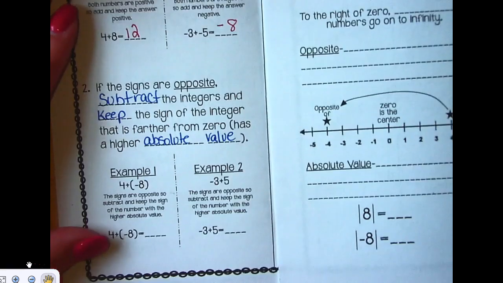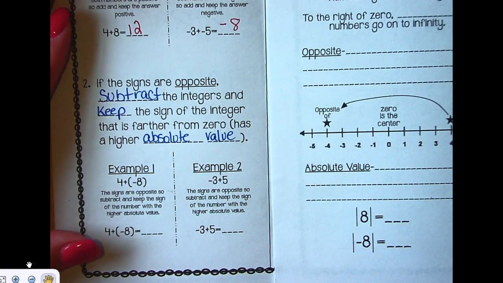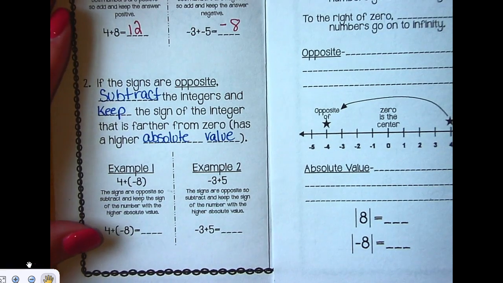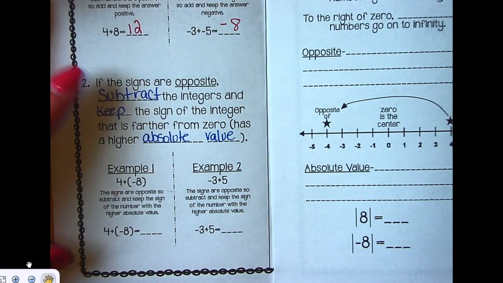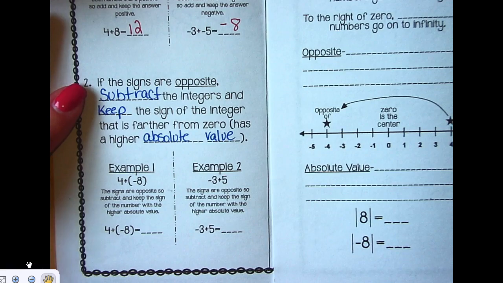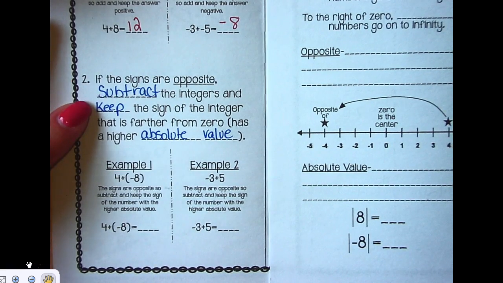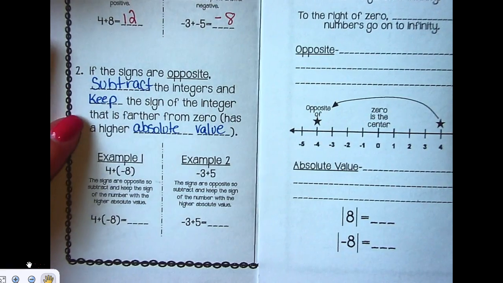That's important, not the bigger number, but the bigger absolute value. So if they're opposite, you subtract the lower absolute value from the higher absolute value, and then you're going to take the sign of the integer that has the higher absolute value.